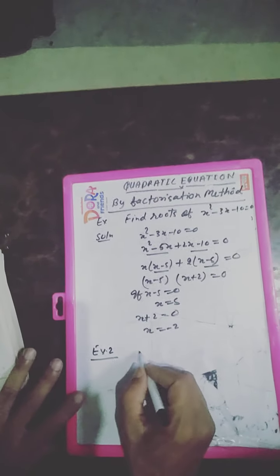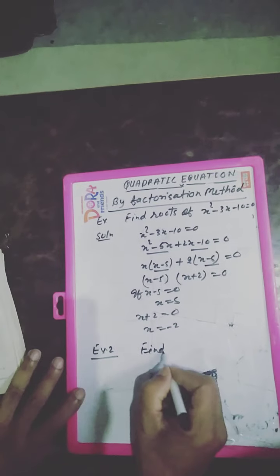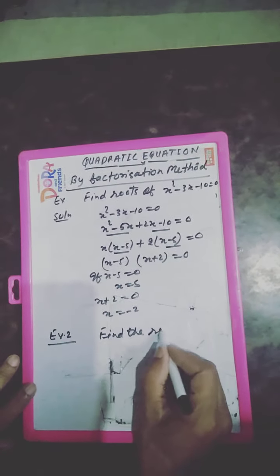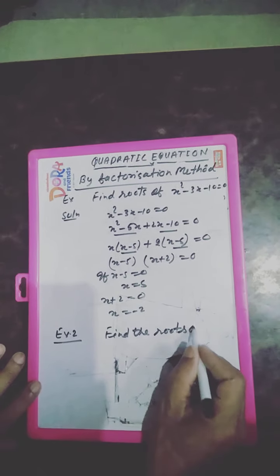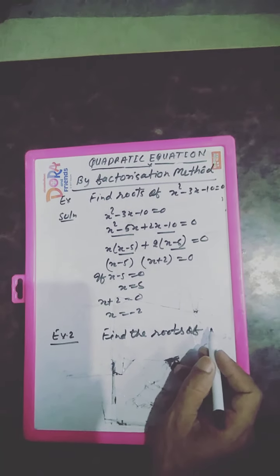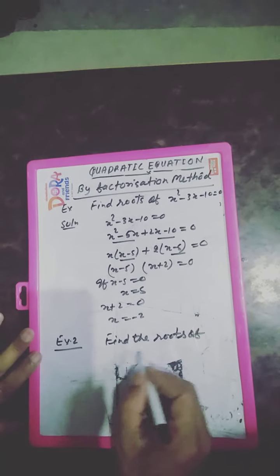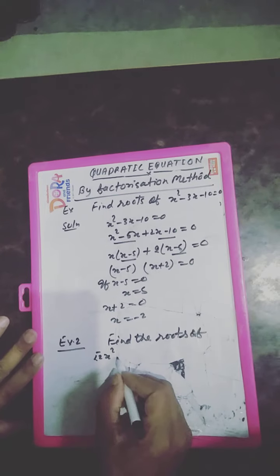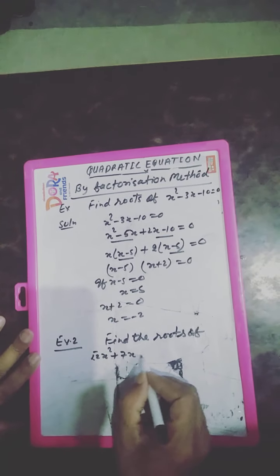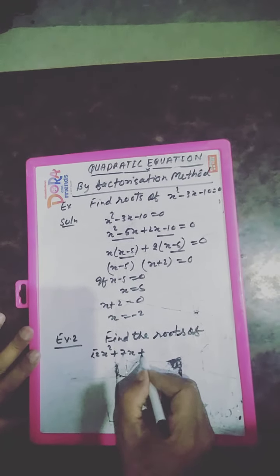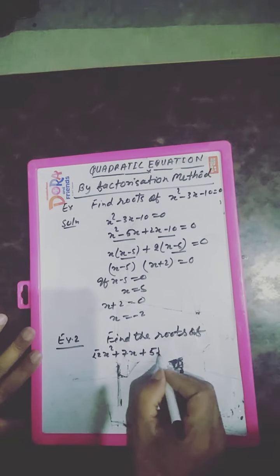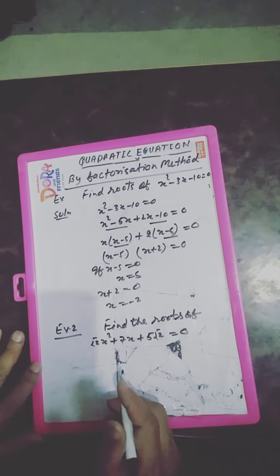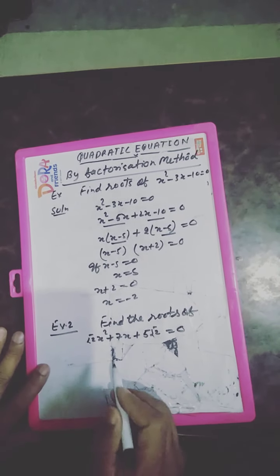Find the roots of the equation root 2x square plus 7x plus 5 root 2 is equal to 0. So how can we find out the solution of this one?